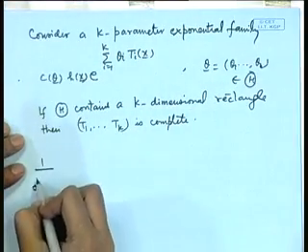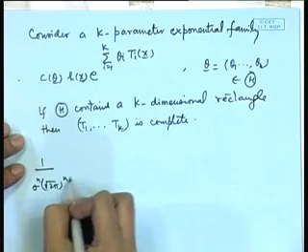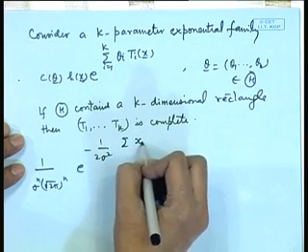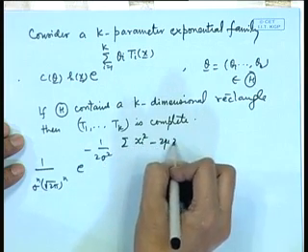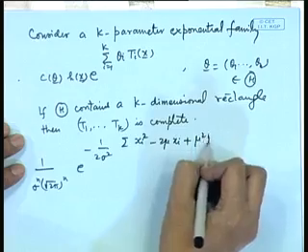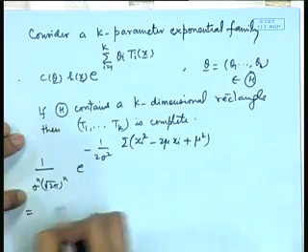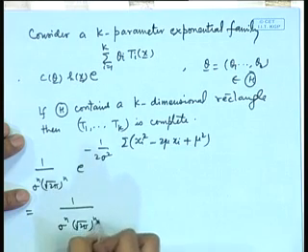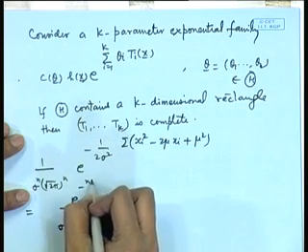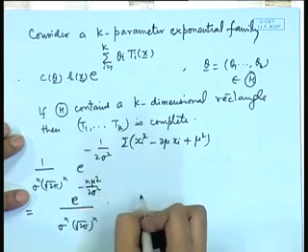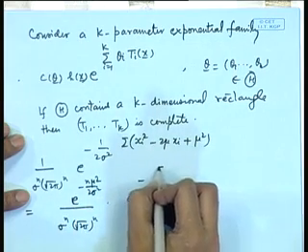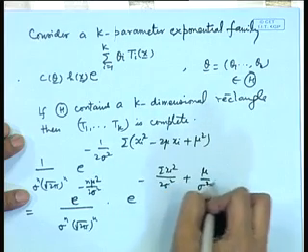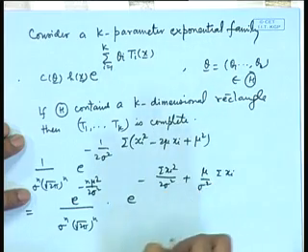Sorry, this can be written in the following fashion: 1 by sigma to the power n root 2 pi to the power n, e to the power minus 1 by 2 sigma squared sigma (x_i squared minus 2 mu x_i plus mu squared). Now, this we write as 1 by sigma to the power n root 2 pi to the power n, e to the power minus n mu squared by 2 sigma squared, e to the power minus sigma x_i squared by twice sigma squared plus mu by sigma squared sigma x_i.